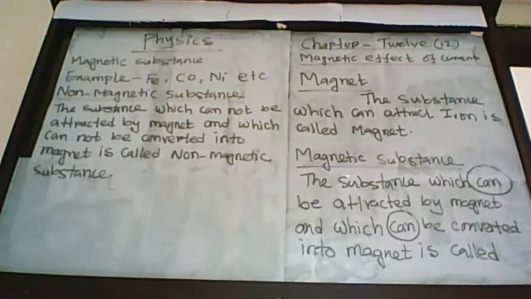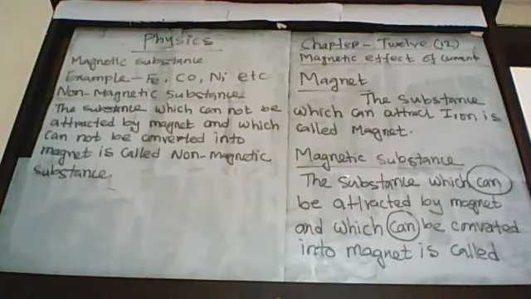Now which one is called non-magnetic substance? The substance which cannot be attracted by magnet and which cannot be converted into magnet. Those substances are called non-magnetic substance.